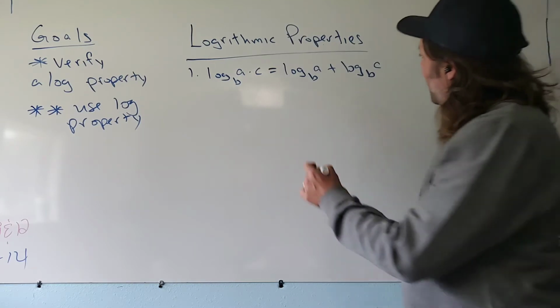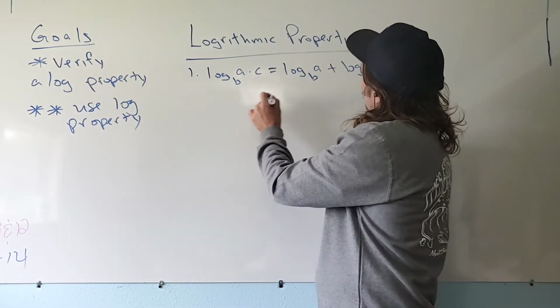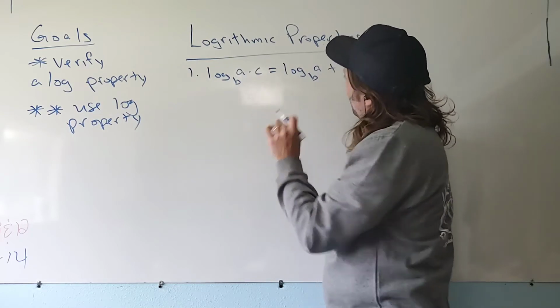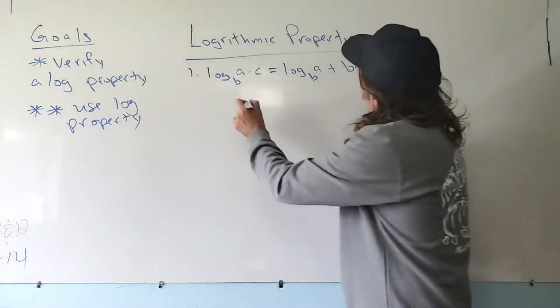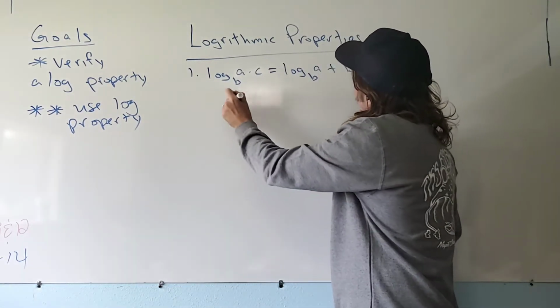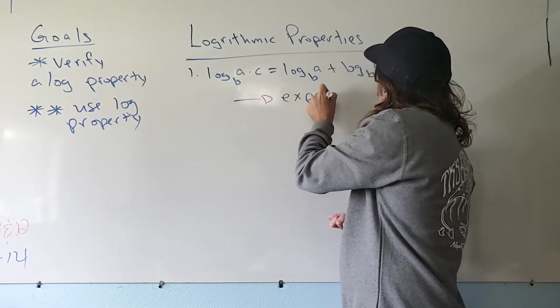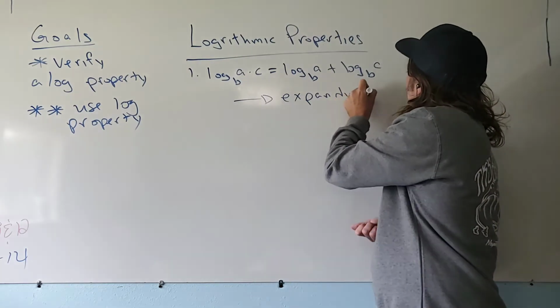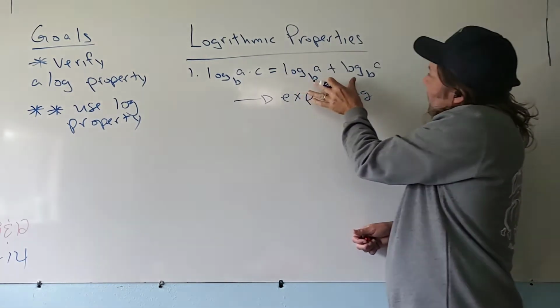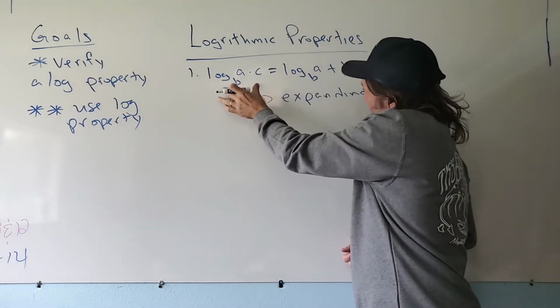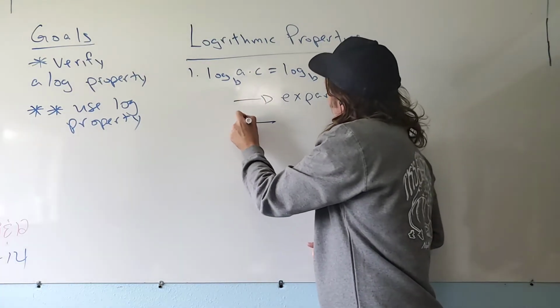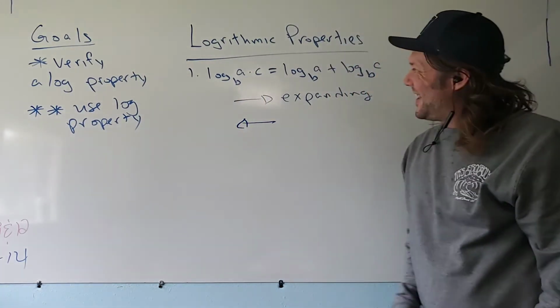And let's add a little bit more to this. If I turn this into this, this is called expanding. And if I turn this expression into this smaller form, going in this direction, this is called condensing.